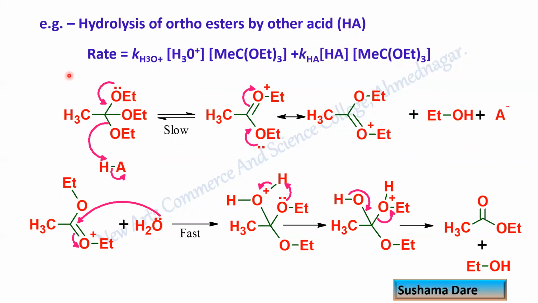So in that way, the rate of reaction depends upon the rate due to H3O+ and the rate due to HA.